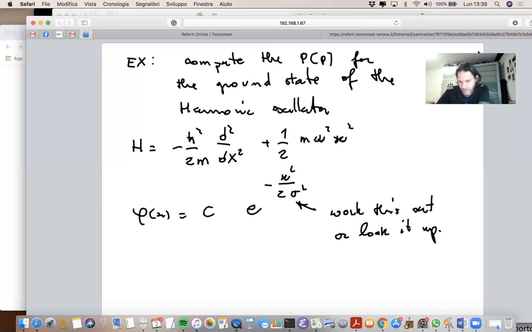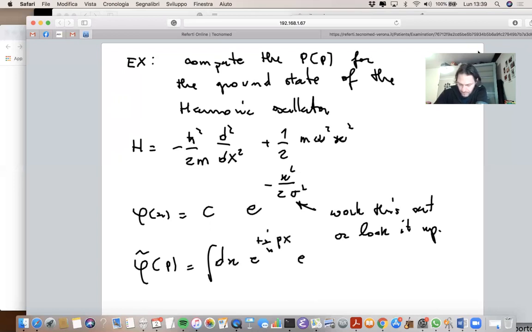And then you can use this information to compute the Fourier transform and see what it looks like. Okay, so I recommend you to do this exercise. It's a nice way of getting your hands into the theory of Fourier transformation.